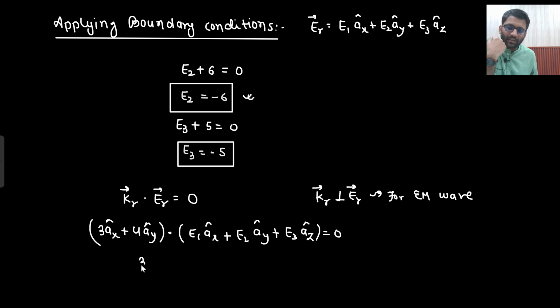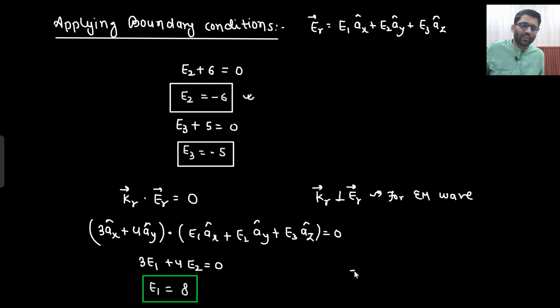So what you are getting is 3E1 plus 4E2 equals 0. E2 is minus 6, so from here the E1 value you get is 8.